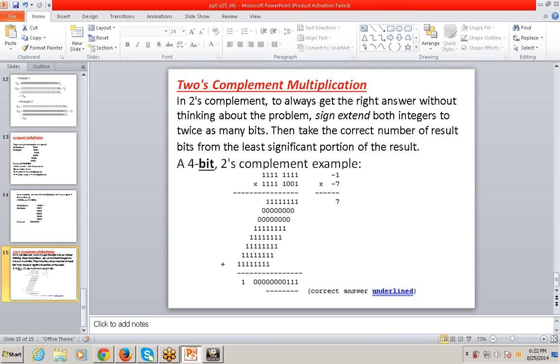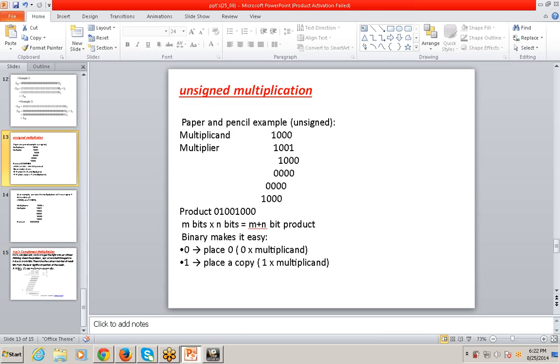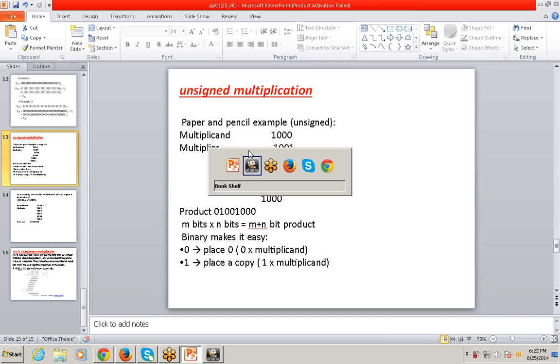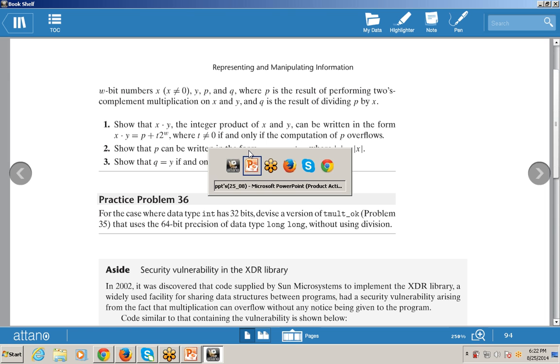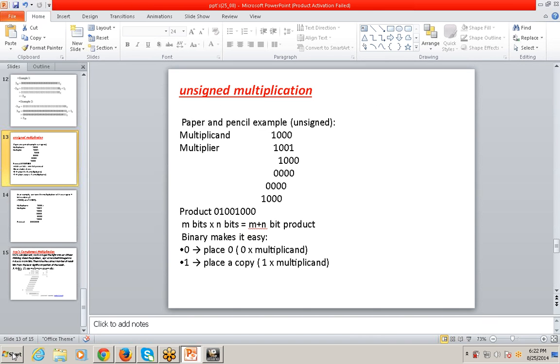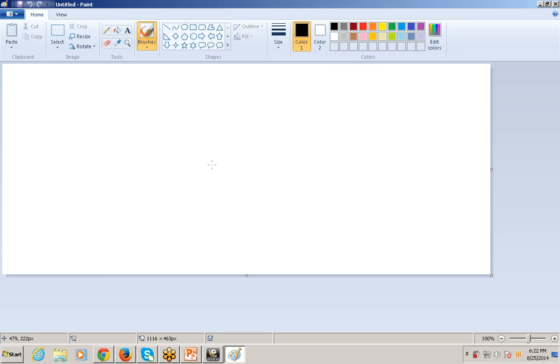Now let's see with the help of an example. First of all, how we can do unsigned multiplication and how we can do signed multiplication. Suppose I have to multiply these numbers.